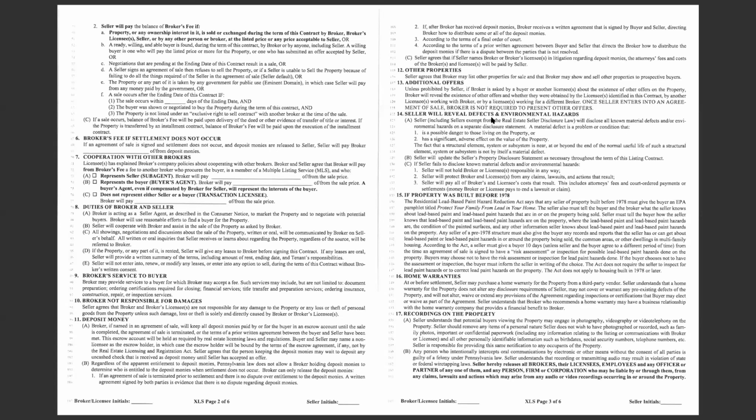Paragraph 6, broker's fee if settlement does not occur. If an agreement of sale is signed and settlement does not occur, the deposit monies are released to the seller. Seller will pay broker blank of the deposit monies.